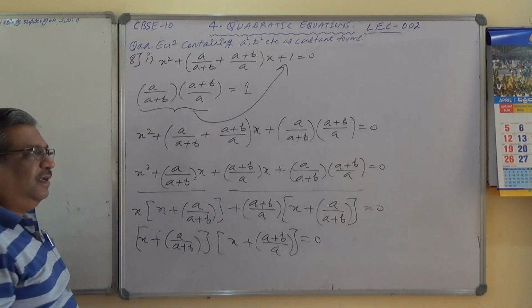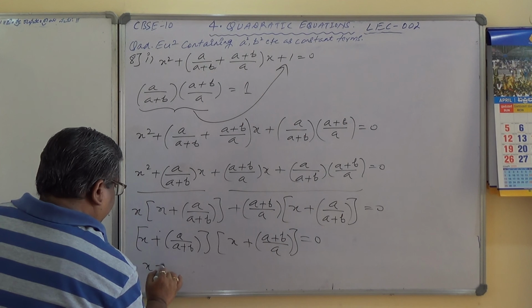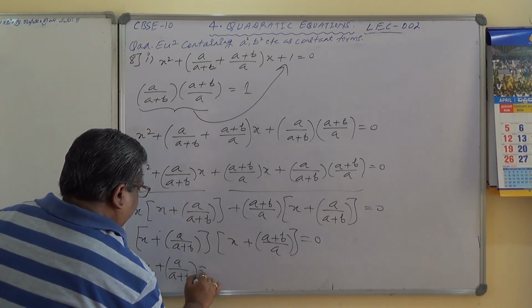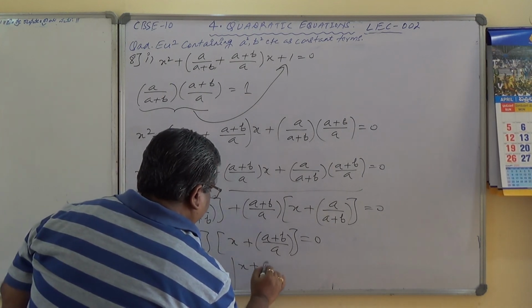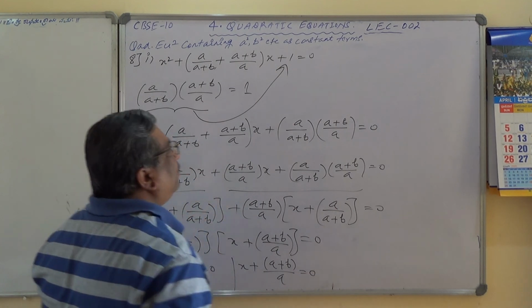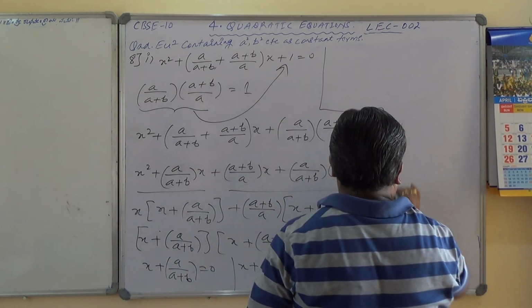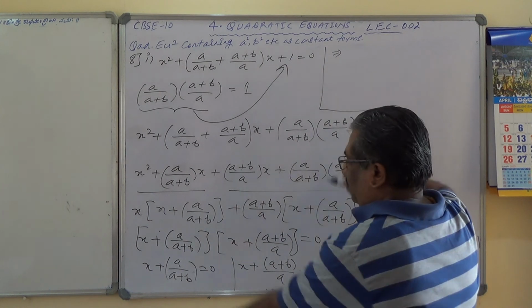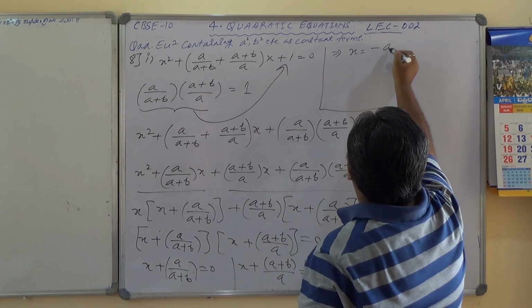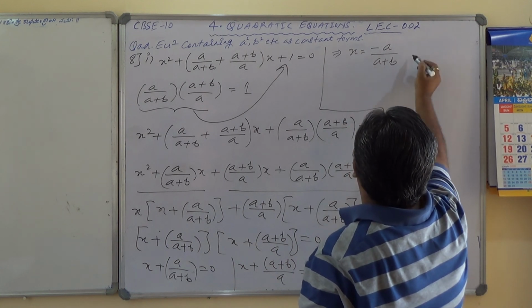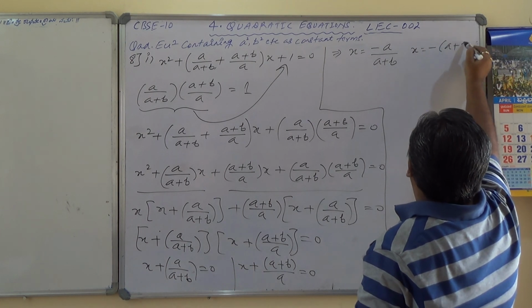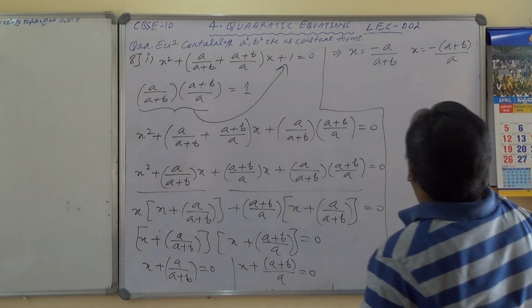Is it right? And therefore x plus a divided by a plus b equals 0, x plus a plus b by a equals 0, implies, here I am working out, x equals minus a divided by a plus b, or x equals minus a plus b divided by a.